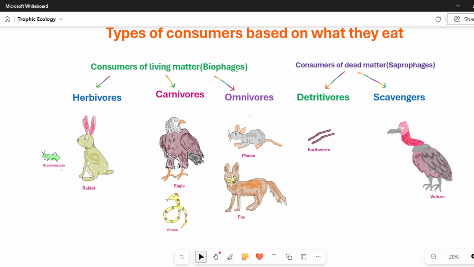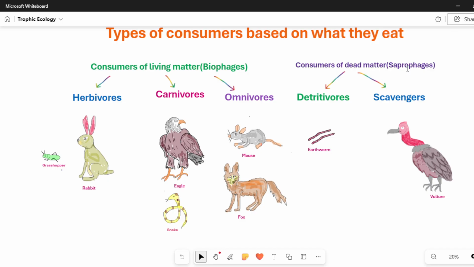So, what are biophages? Biophages are the living organisms which consume living matter. It can be plants, it can be animals. Anything which is living is consumed by these consumers. And saprophages are the consumers which consume dead matter.